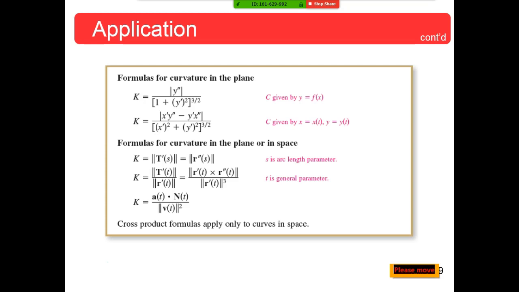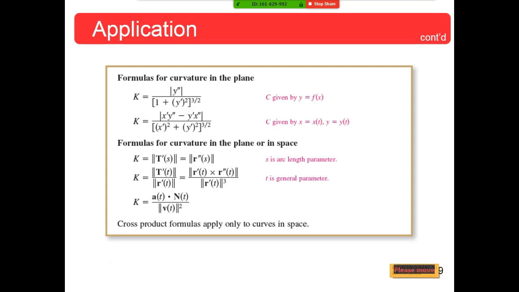Or if you're not in arc length parameters, it's the magnitude of T prime over r prime, both magnitudes, but that T prime could be expressed as r prime of t cross r double prime of t, magnitude of that over r prime cubed.